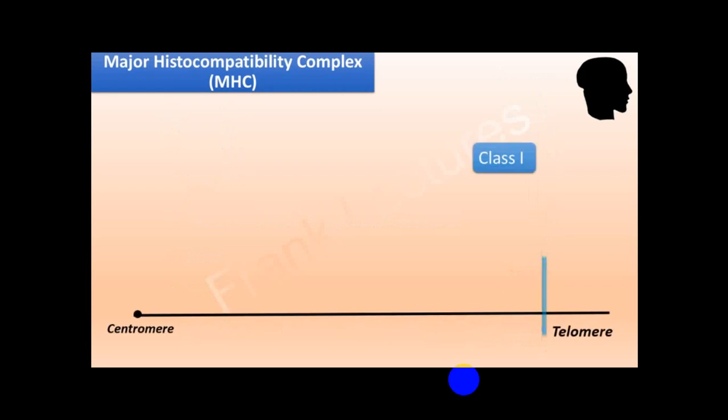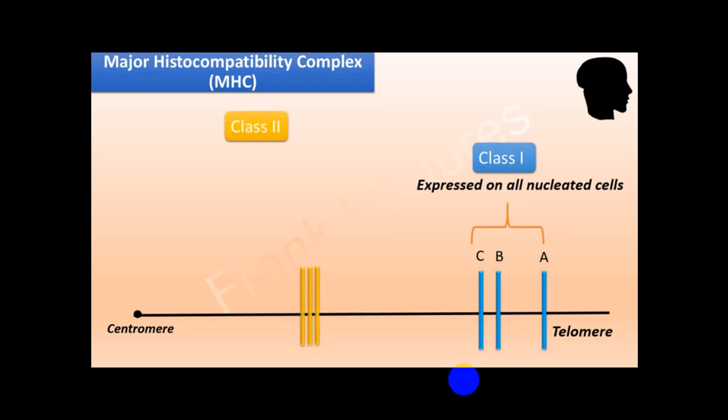Class 1 molecules are coded at 3 different locations or loci, termed A, B, and C. These glycoproteins are expressed on all nucleated cells. Class 2 genes are situated in the D region, and there are several different loci, known as DR, DQ, and DP.